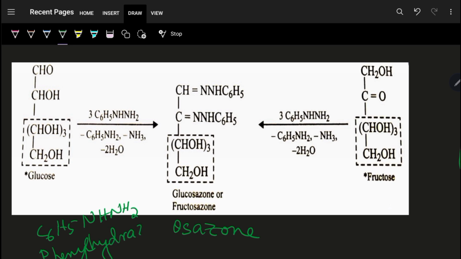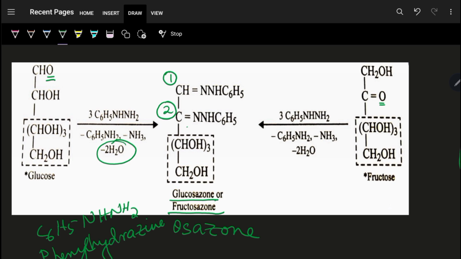So by the reaction of glucose with phenylhydrazine or fructose with phenylhydrazine, you see that the configuration at C1 and C2 is the same, whether you start from glucose and obtain glucosazone, or you start from fructose and you obtain fructosazone, because it is by the removal of H2O that you obtain CH double bond NNHC6H5. And over here again, remember that it is again like removal of H2O in order to obtain this configuration.